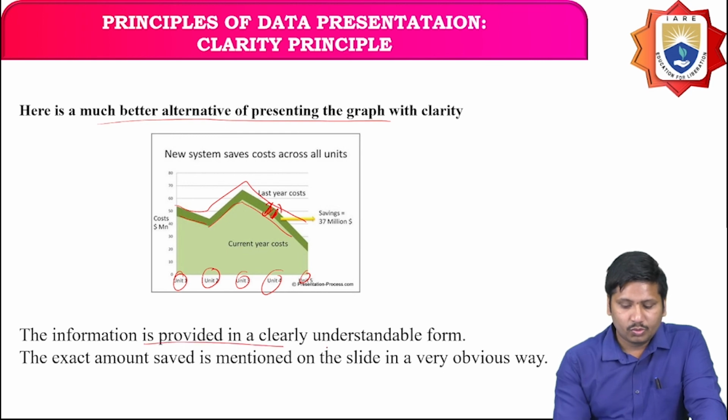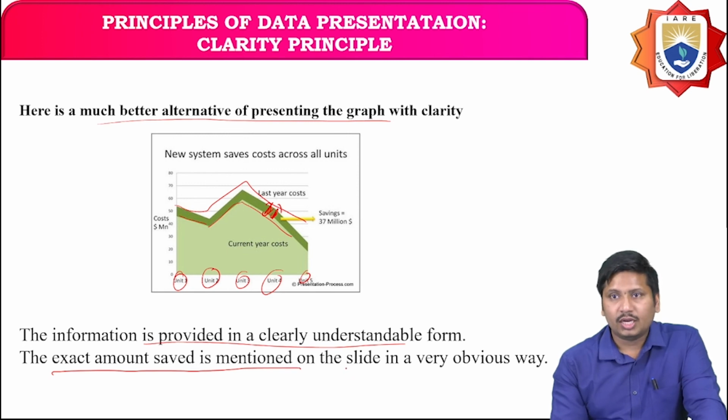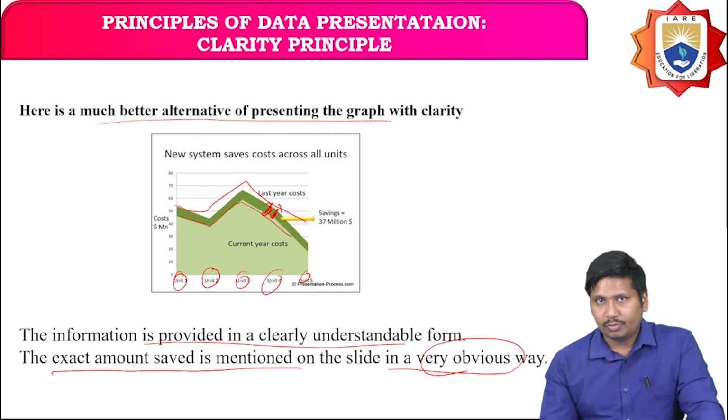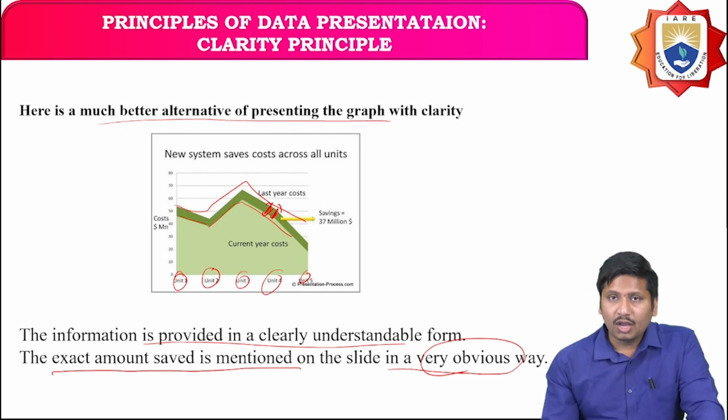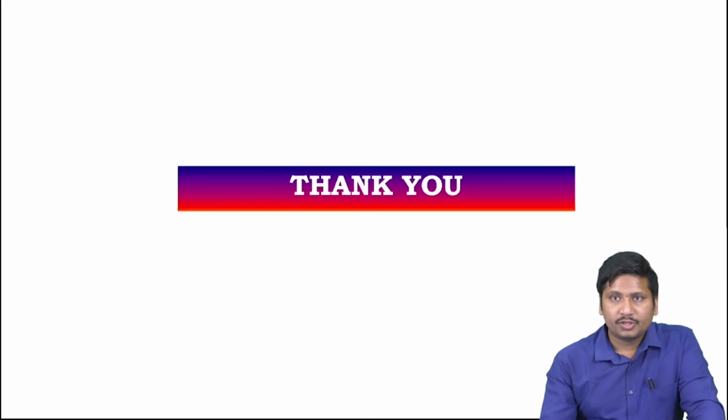So the information we provide is in a clearly understandable form. The exact amount saved and mentioned on the slide is presented in a very obvious way like this. Whatever problem is going to be presented, you have to identify the best graph among all the other graphs we have. That is what is important.